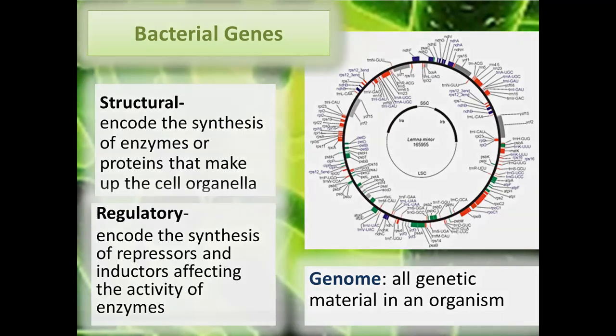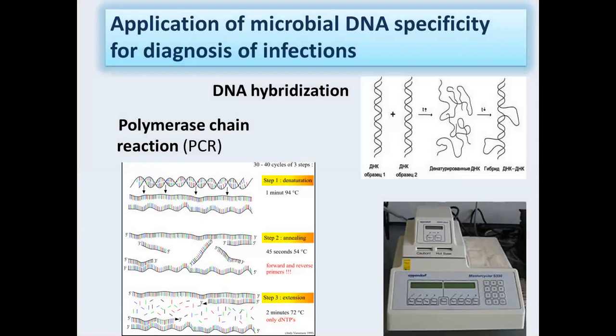It's well known now. The DNA in bacteria is very specific, so each species has its own DNA, and so we can use it in the diagnosis of infectious disease.